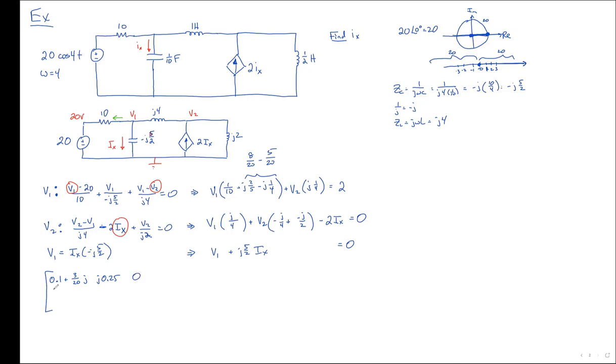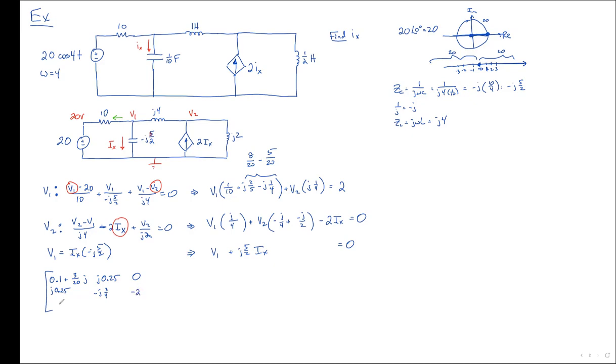Then the next one, we've got J 0.25. Over here, J over 4 plus J over 2 would be a total of minus J 3/4, and we've got minus 2 IX.